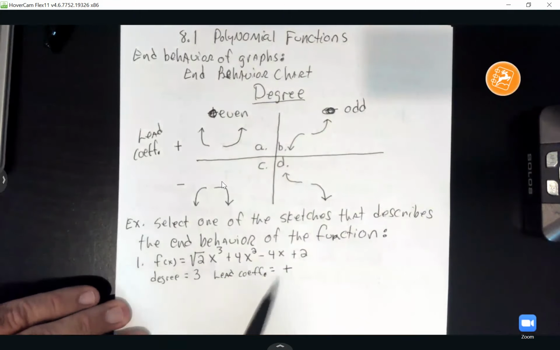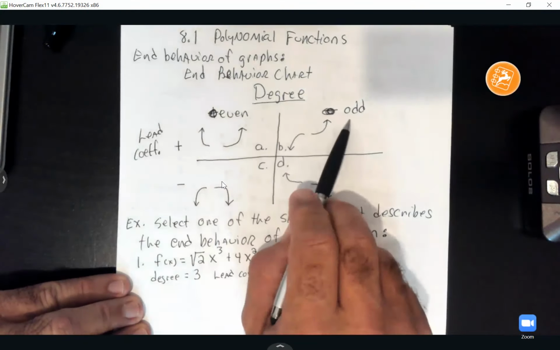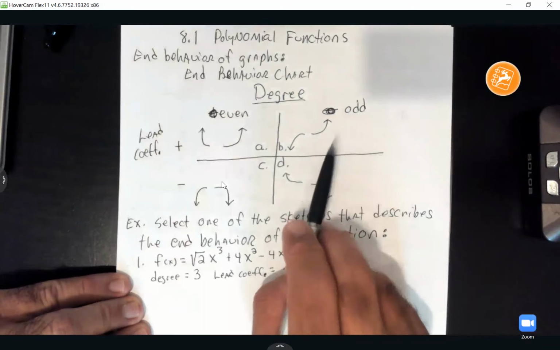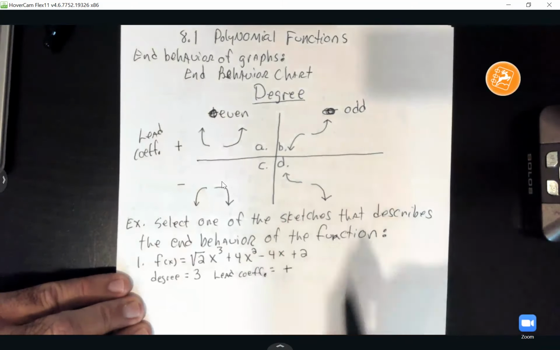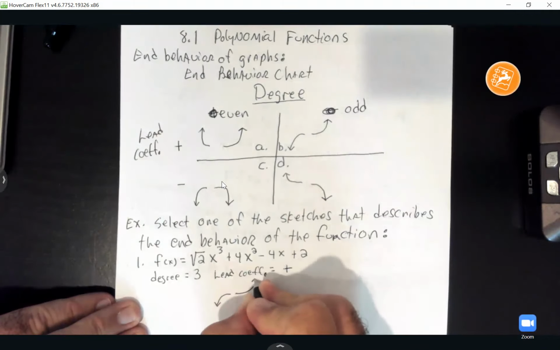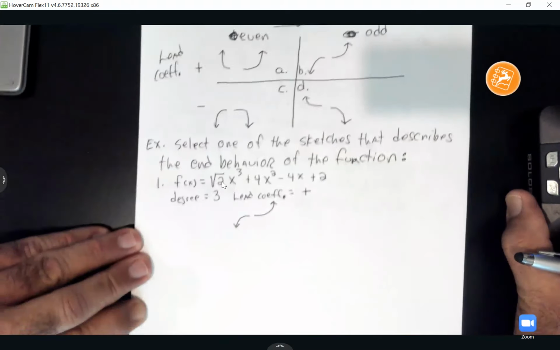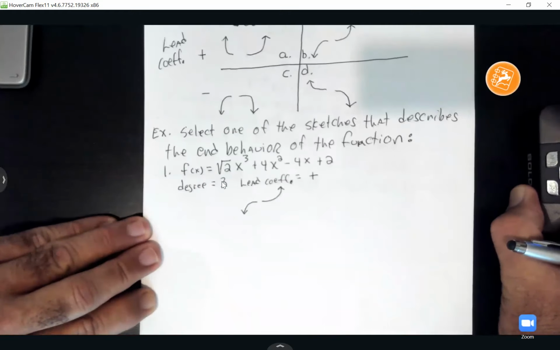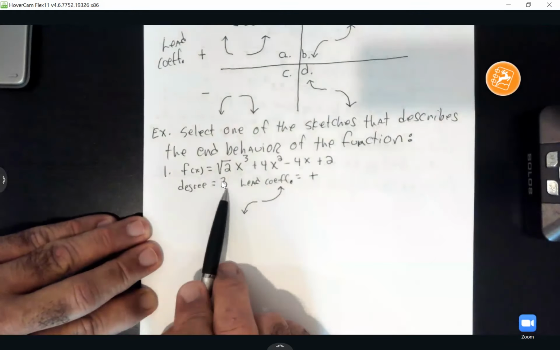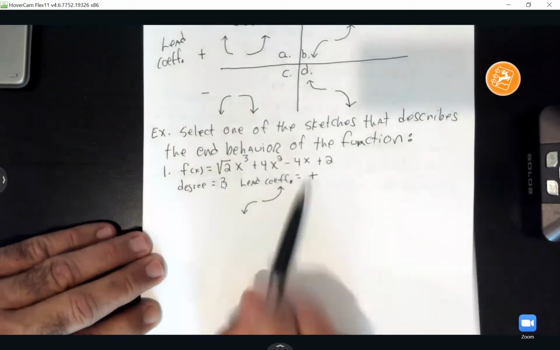So if it has an odd degree and a positive lead coefficient, well, here we go. Odd, positive. That's going to be choice B, which is going to go uphill, left to right. So y'all, that's the trick on these, is just to figure out the degree, odd or even, lead coefficient, positive or negative.